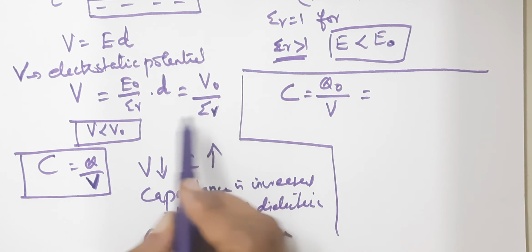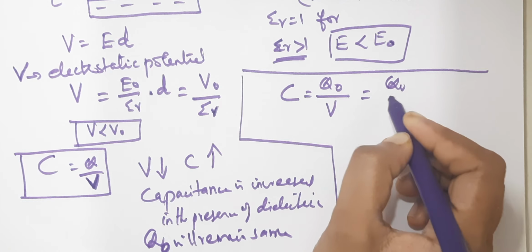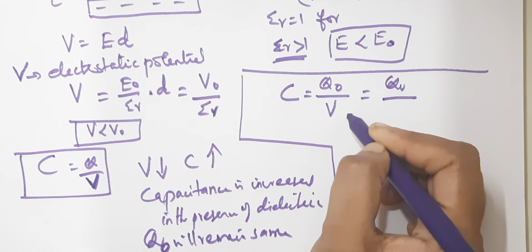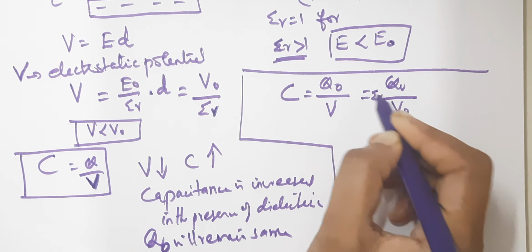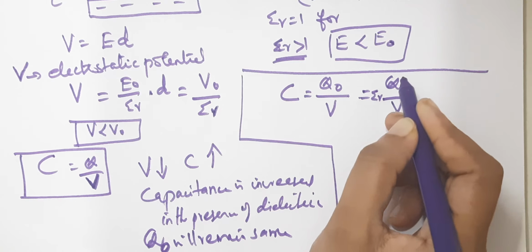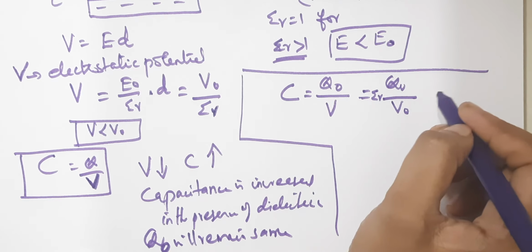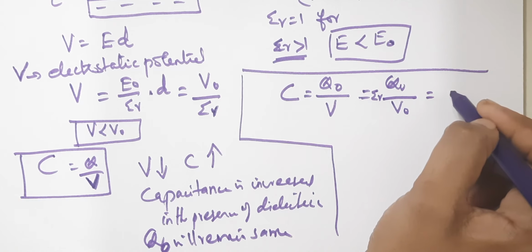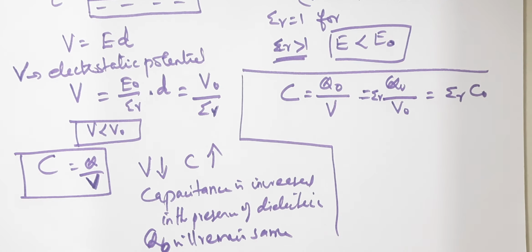So epsilon r into Q0 by V0. Q0 by V0 we can rewrite as C0. So epsilon r C0.